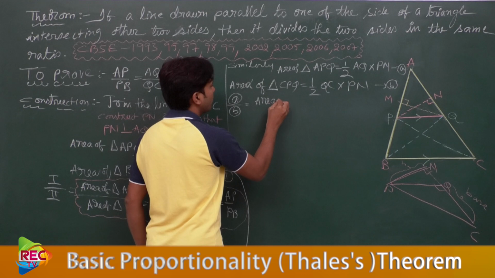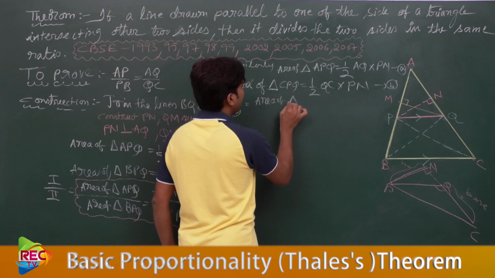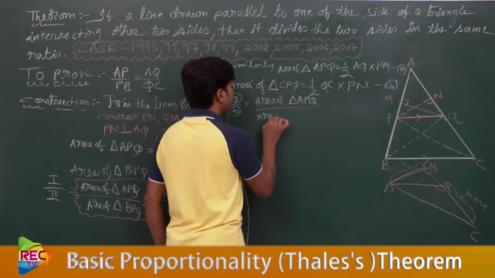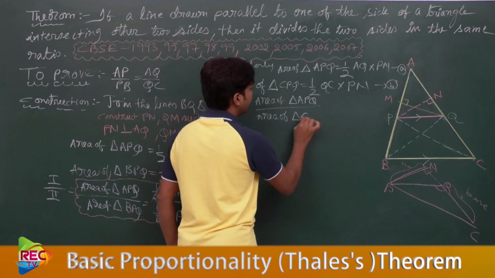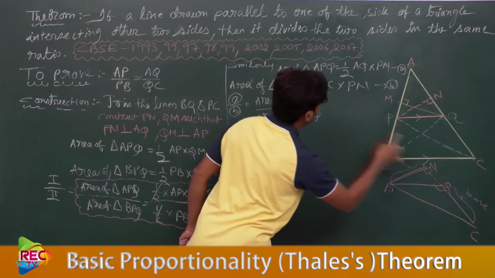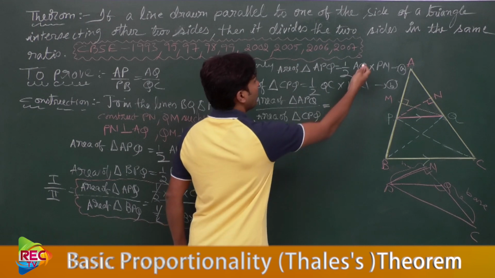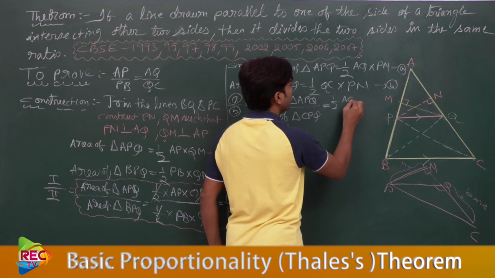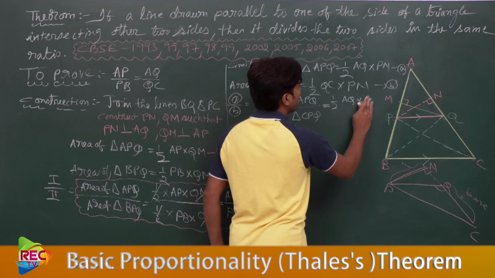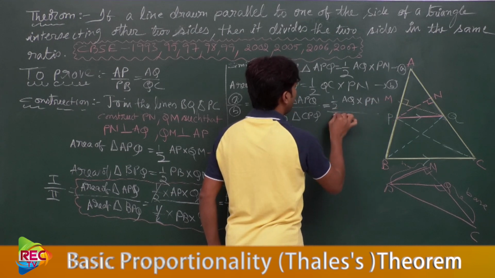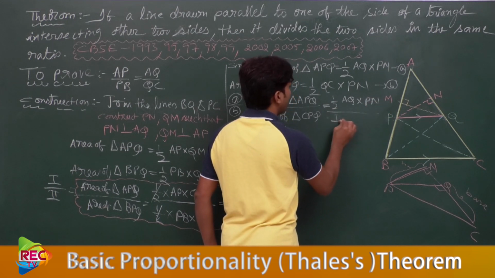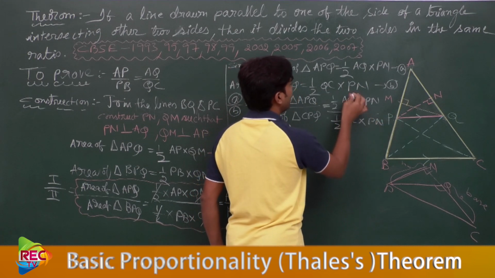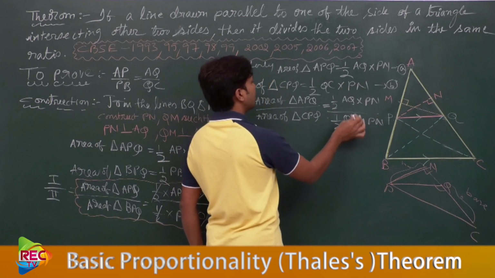Area of triangle APQ by area of triangle CPQ equals, taking the RHS parts also, half AQ into PN by half QC into PN.